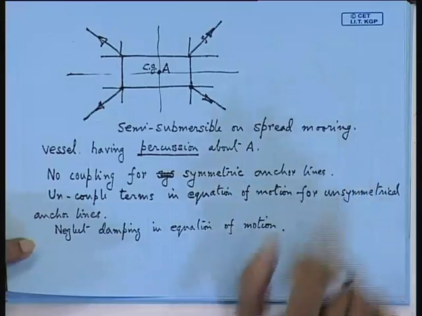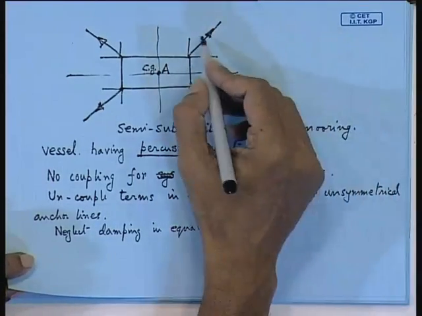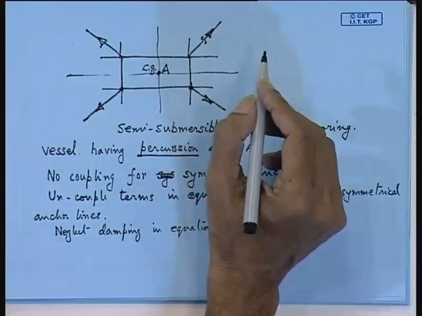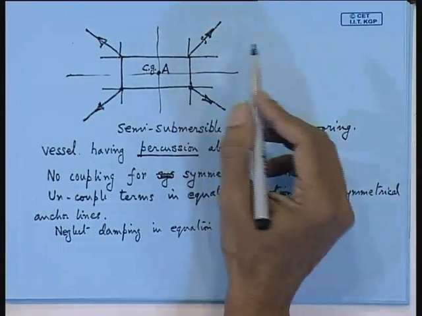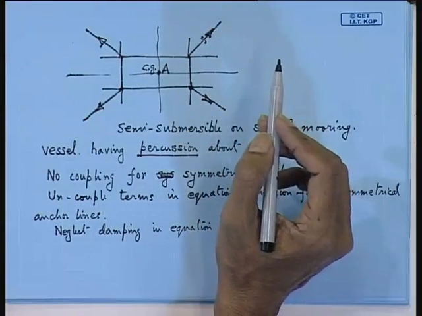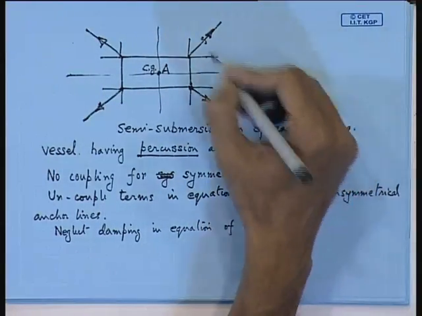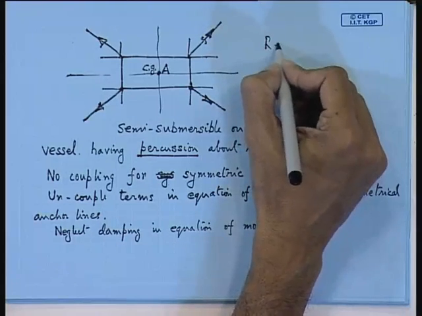Now the problem will be more complicated if you have an anchor line snap. Your clients may require you to calculate with anchor line snap, because they want to check the reliability of the anchoring.